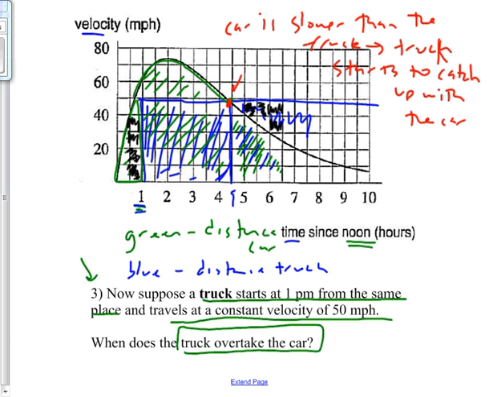So all of these boxes that I'm finding are on the left of this red line here. All these boxes here were distances that the car went that the truck didn't. And to the right of the red line is when the truck is going faster.